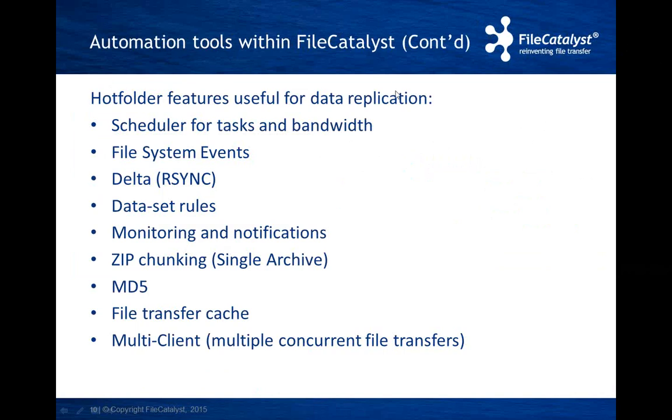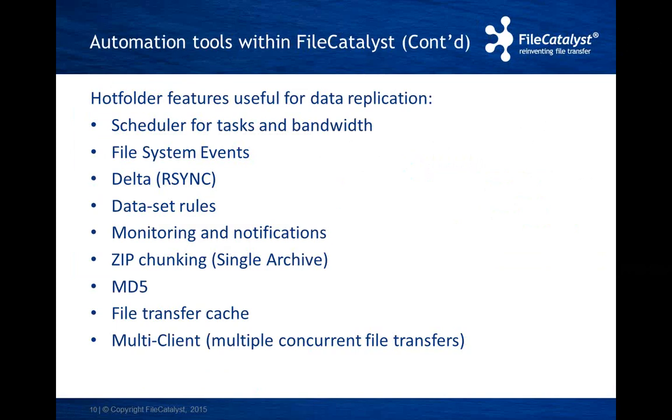So some interesting features in the hot folder, and not only hot folder but also our command line, that are very good for automation and automated replication of file systems. There's a scheduler, of course, and there's also a bandwidth scheduler. So say, during business hours, make the data trickle; after hours, take up all the bandwidth. We have something called file system events, which allows you, instead of scheduling, to act on the data as soon as it changes.